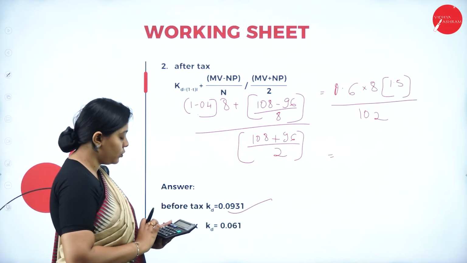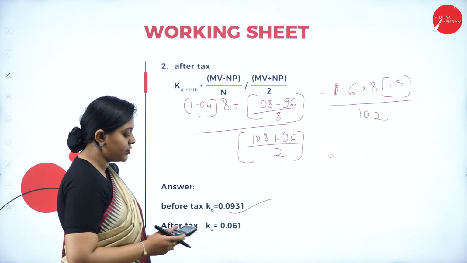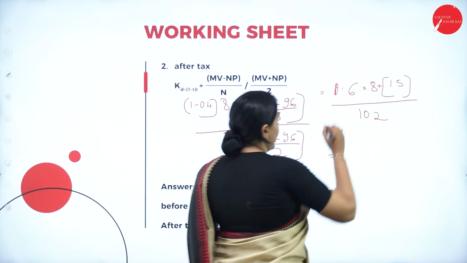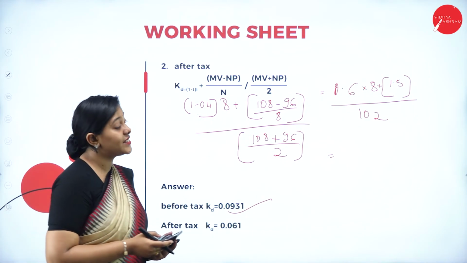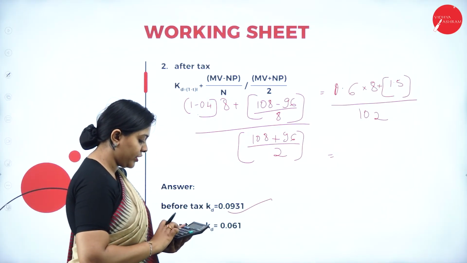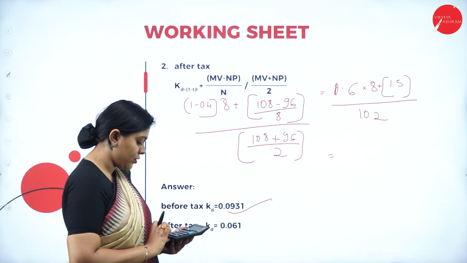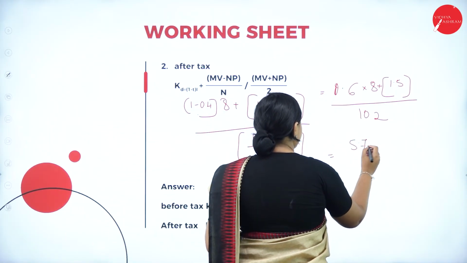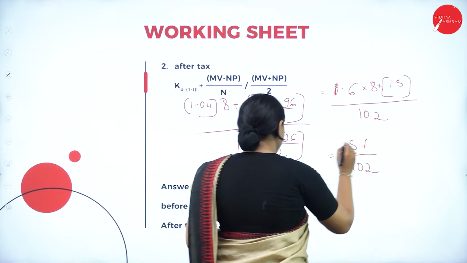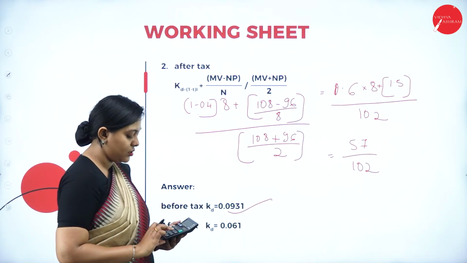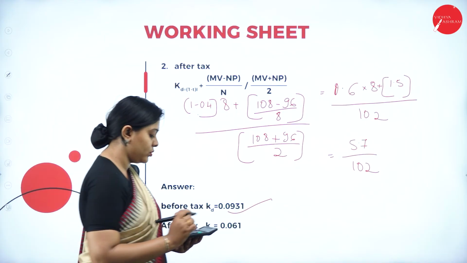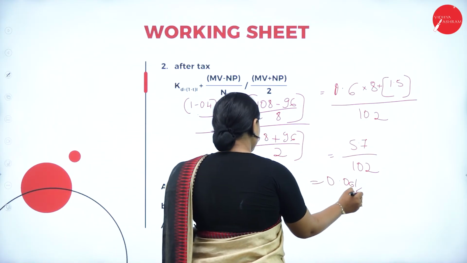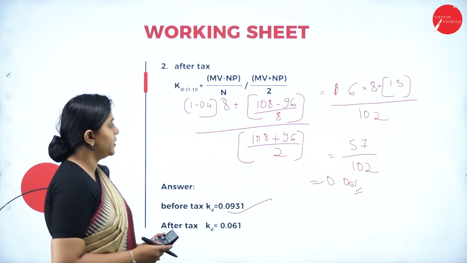So 8 plus 1.5, it is 9.5. 9.5 into 0.6, it is 5.7. 5.7 divided by 102, it is 0.061. So this is how you calculate the answer.